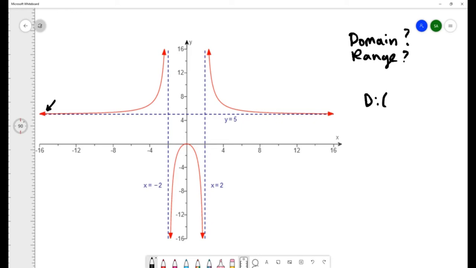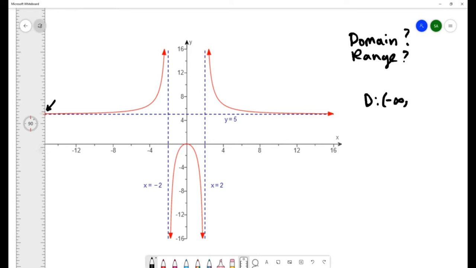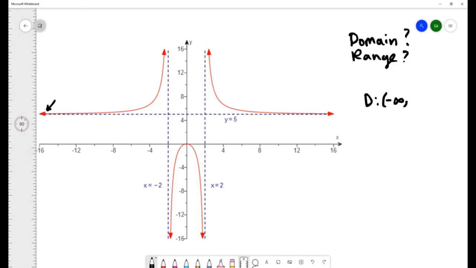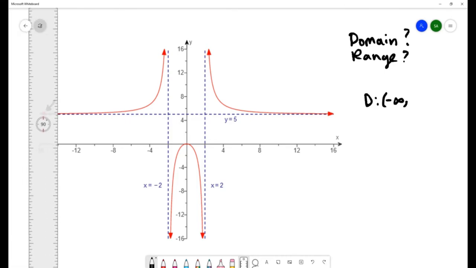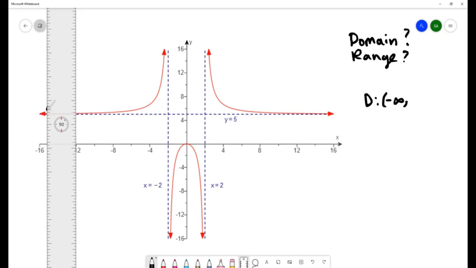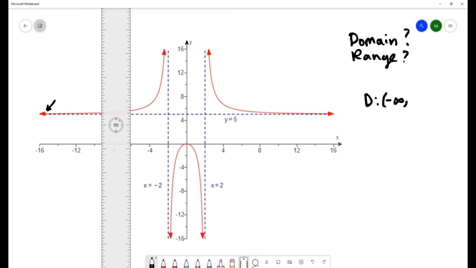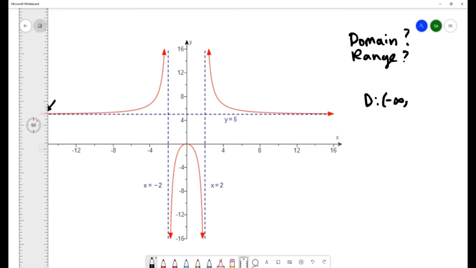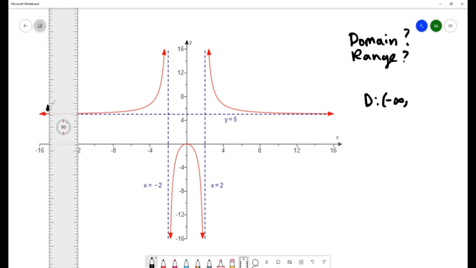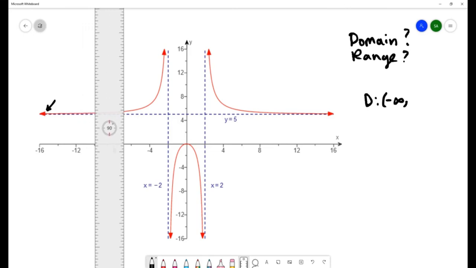So our domain is going to start at -infinity. Our interval notation starts at -infinity. So I start on the left, which is the smallest, and I continue to the right. And I notice that my ruler is continuing to touch the graph all the way over here. So that means all of these x values are included in the domain.